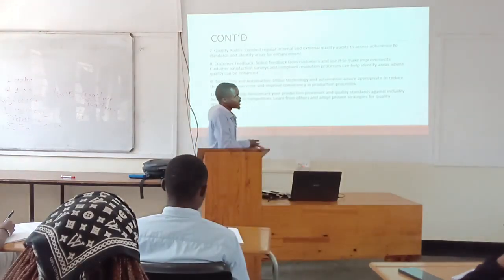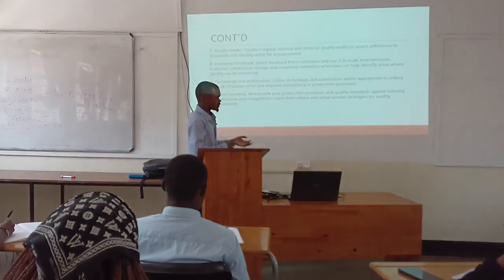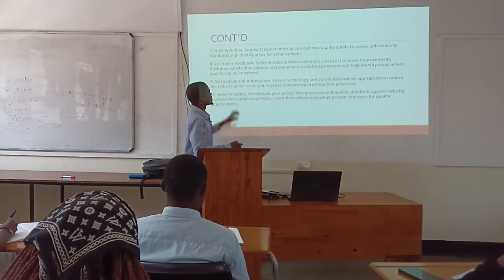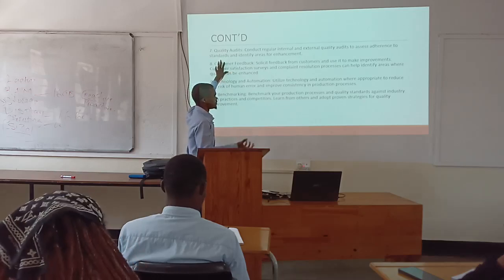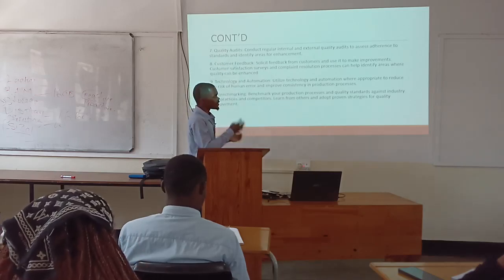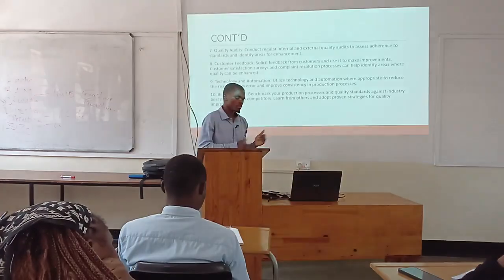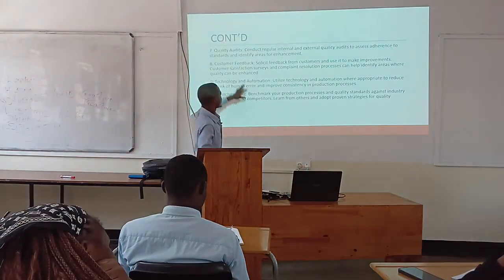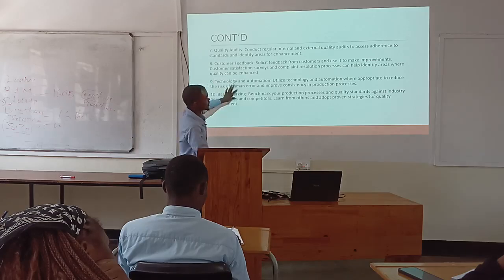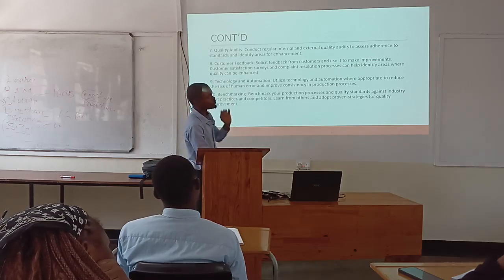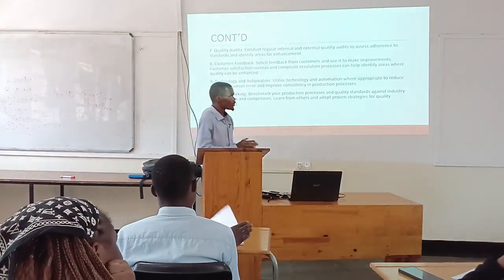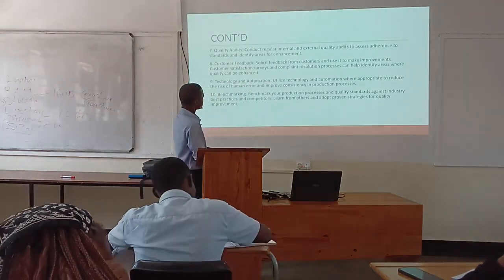Just like what an auditor does, this person is responsible for assessing if the organization is meeting the standards, and also to check the areas where they have to improve. So by having this quality auditor, an organization can improve the overall quality of its product, and can achieve quality of products within the company.